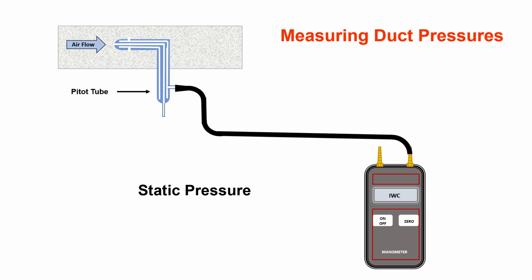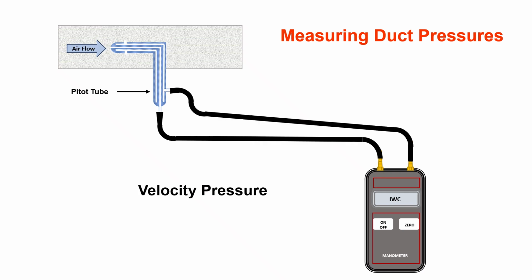Note the airflow is moving directly into the outer tube of the pitot tube, which is connected to the manometer. In this drawing, the correct method of reading velocity pressure is shown. Note the airflow is moving directly into the outer and inner tubes of the pitot tube, which are connected to the manometer.